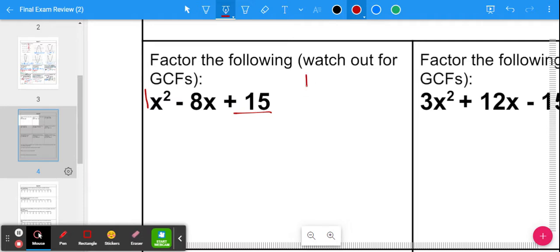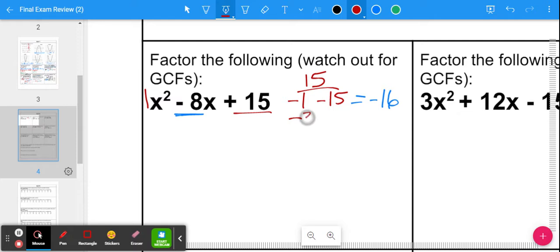So 1 times 15 is 15. So we need to find the factors of 15 that add up to negative 8. Well, the only way you can make a positive product and a negative sum is if both numbers are negative. So if we try negative 1 times negative 15, that gives us a sum of negative 16. Our B value is negative 8, so that's not going to work.